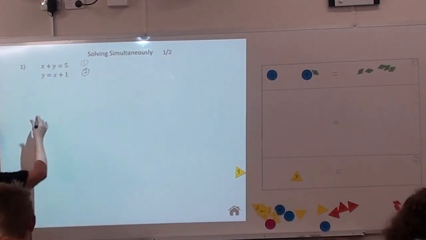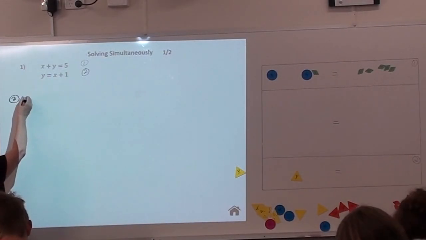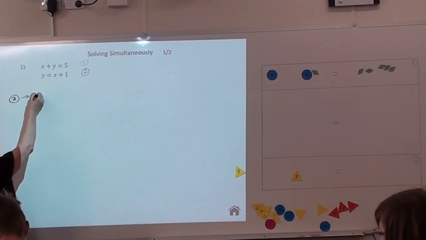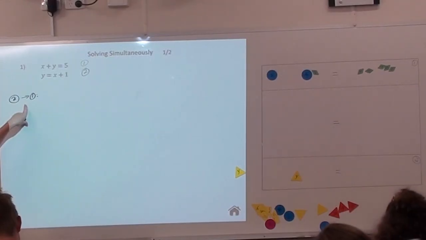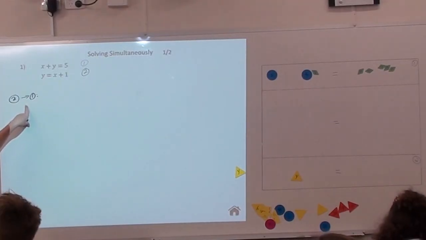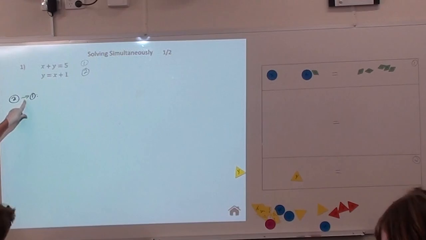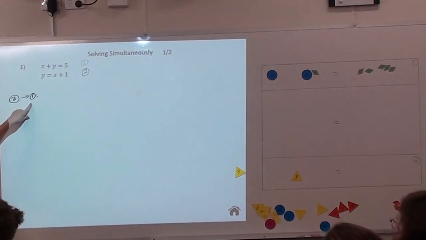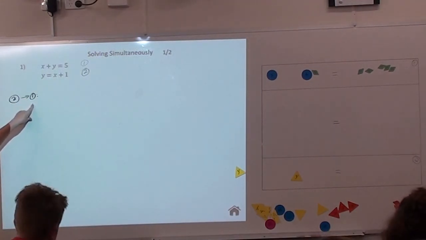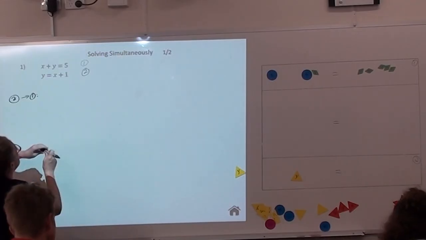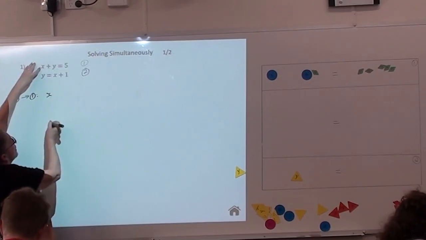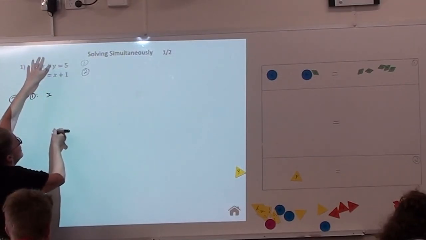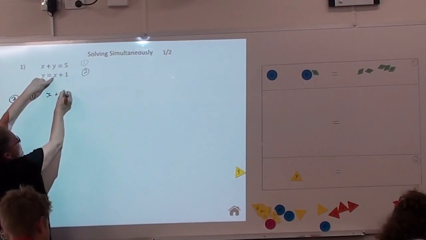So here's what I just did. I got equation 2 and I substituted it into equation 1. So equation 2, it's not equation 1 into equation 2. I got equation 2 and I substituted it. That's the arrow into equation 1, writing and working. Okay? So here's equation 1. It started off with an x. I replaced the y with an x plus 1.